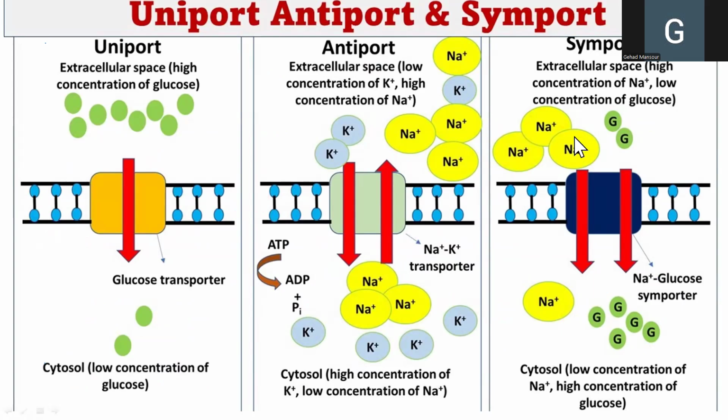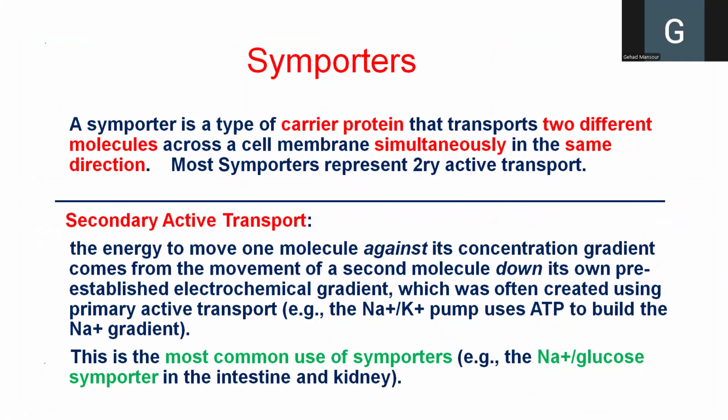Because the energy that it is utilizing for pumping against concentration gradient is provided by means of storage of energy through a primary active transport, which was the pumping of sodium. So we have a previous primary active transport that stored energy inside the sodium ions, and when the sodium ions were transported, they released this energy.